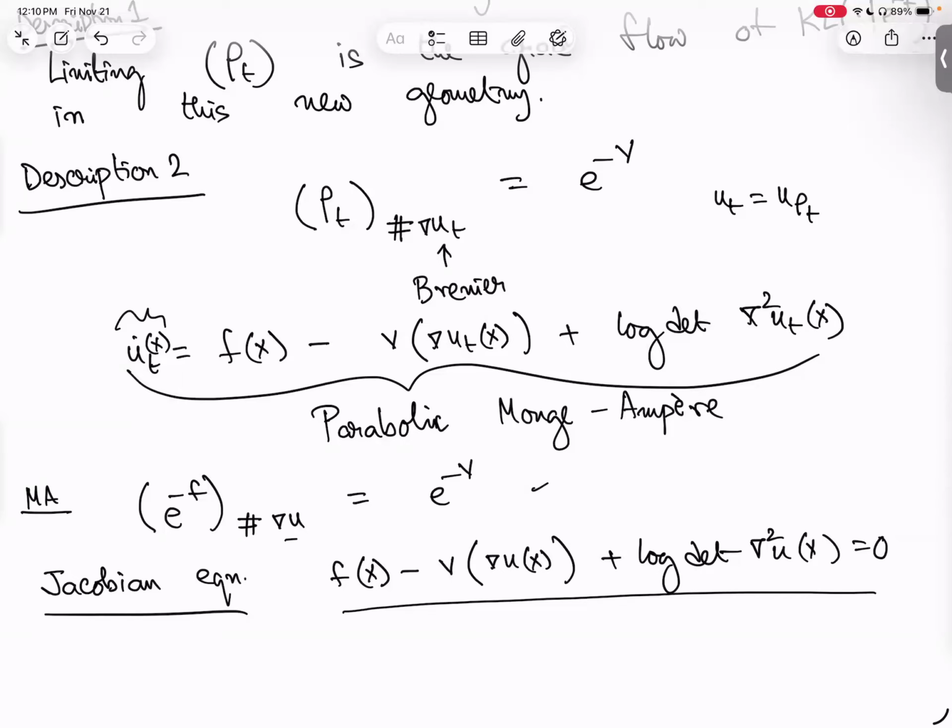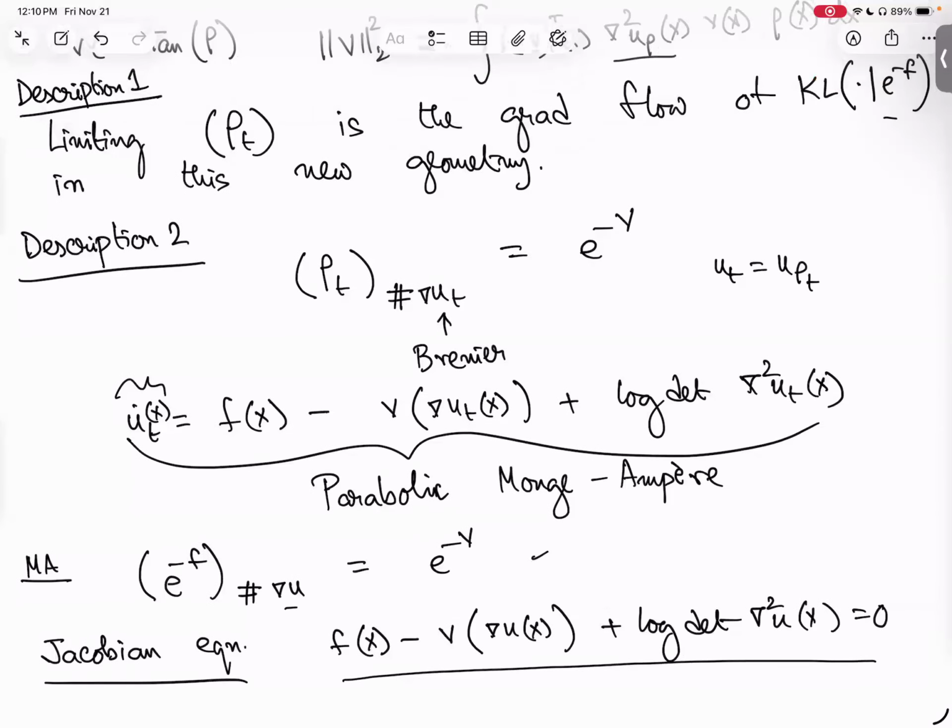So as t goes to infinity, you expect that this should converge, and therefore ut dot would be 0. And then the right-hand side is equal to 0, and that would give me the Monge-Ampère equation. So it's a very natural way to create a dynamic out of something that you want to solve. Make sense? Something very natural.